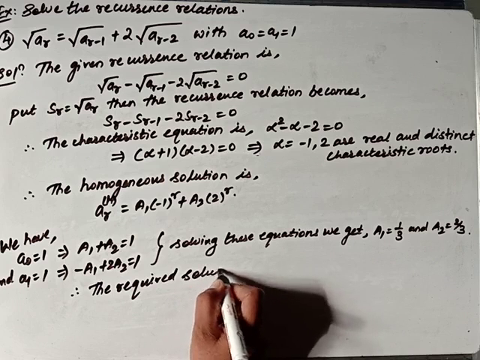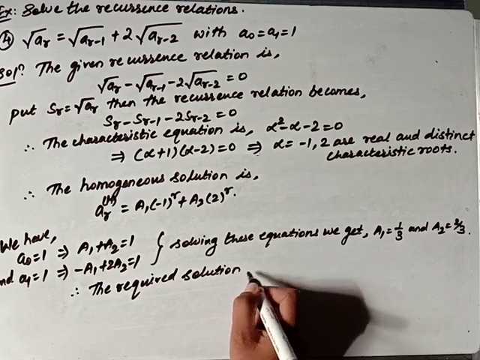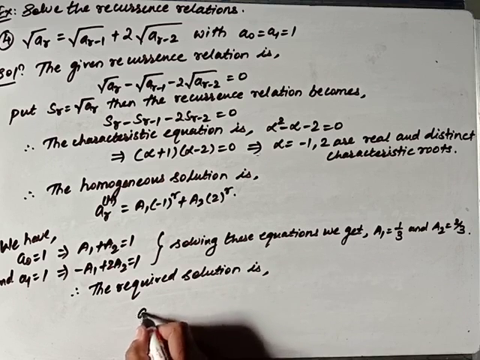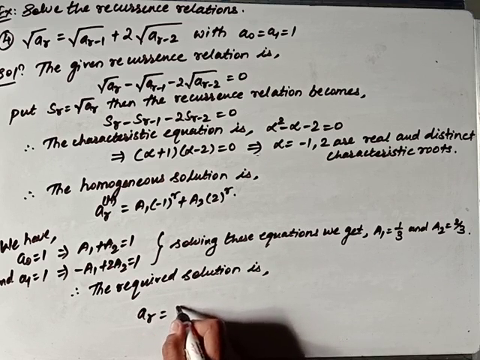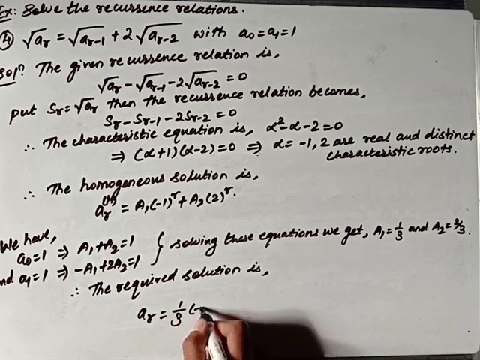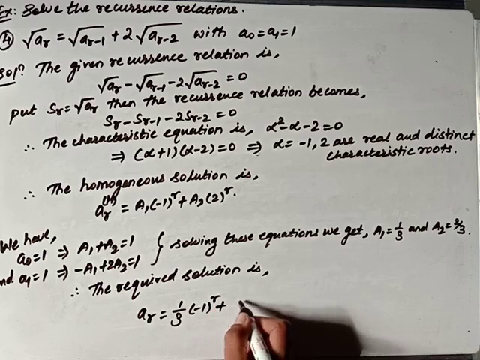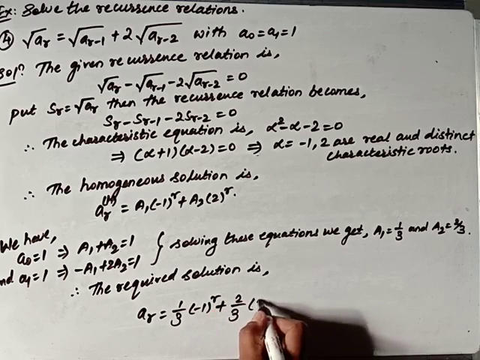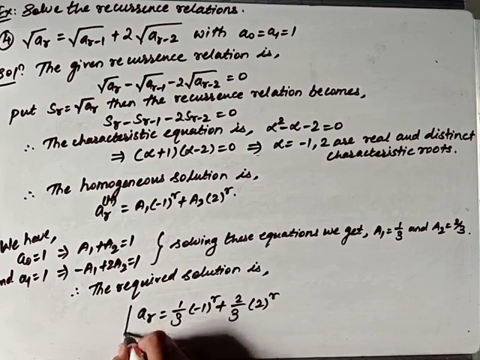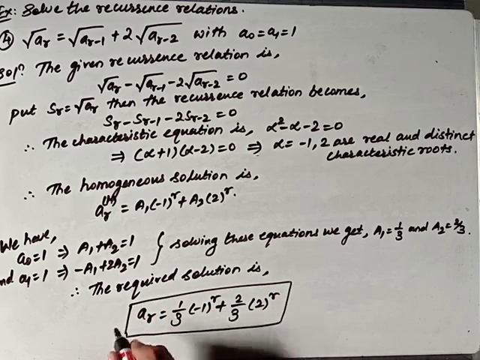Therefore, the required solution is s_r = 1 by 3 into (minus 1)^r plus 2 by 3 into 2^r. As such, we can solve the homogeneous recurrence relation.